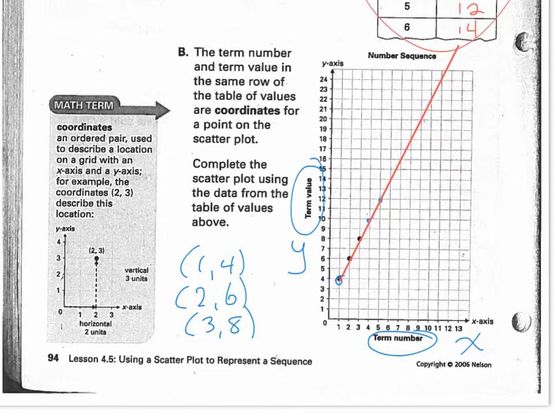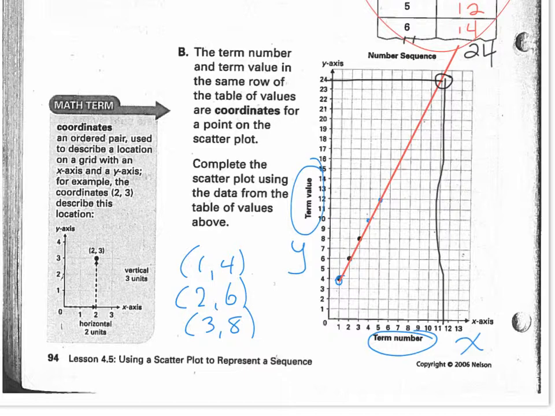After I've extended my line, I look at x 11 and I find out where it meets. Then I'm going to go across and notice that it meets at 24. Therefore, when my term number is 11, the term value will be 24.